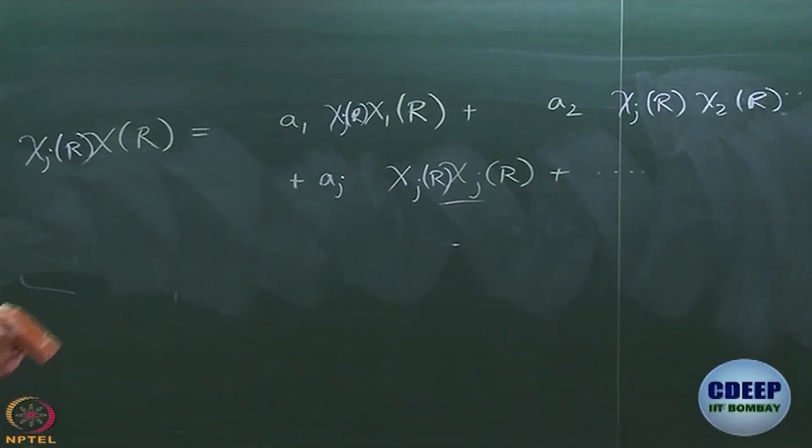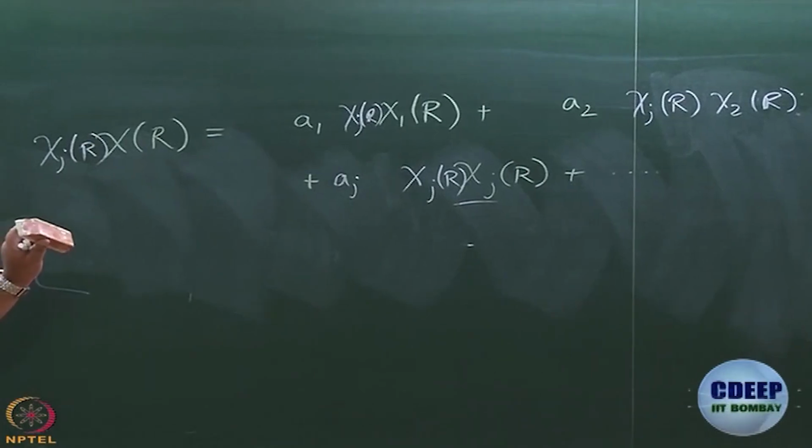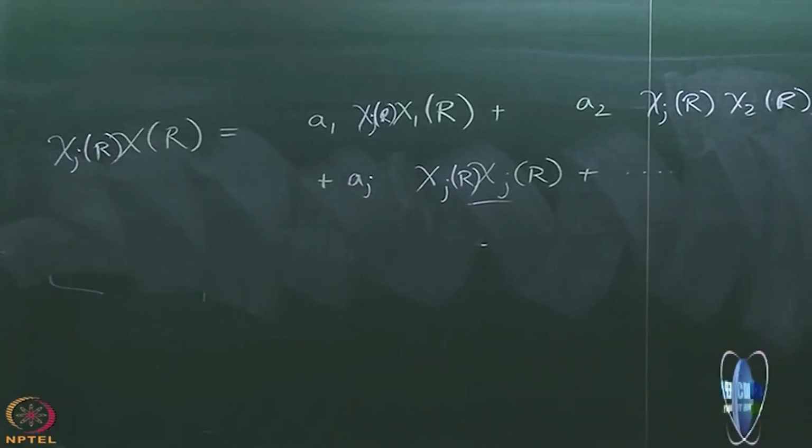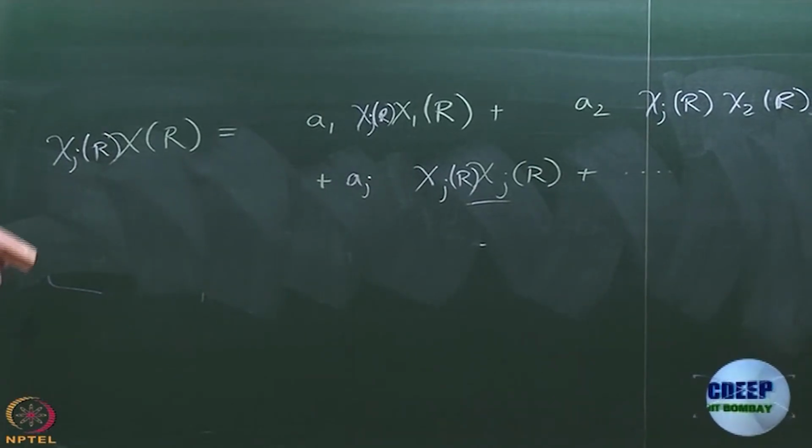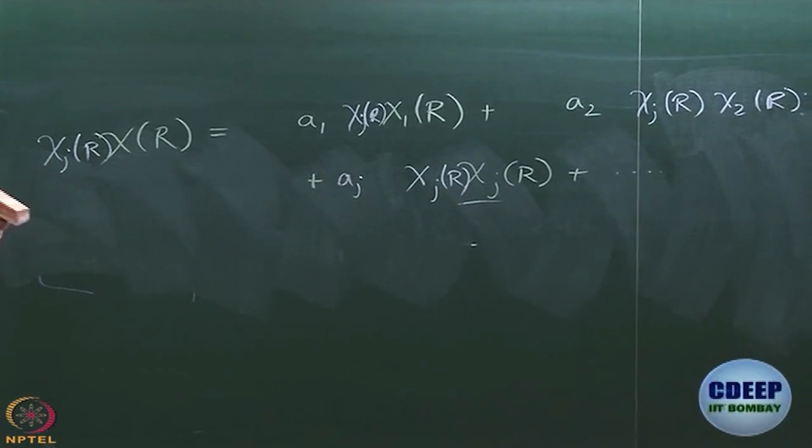Okay, I have just left multiplied, done nothing else. Now I will complete the trick. What should I do? Sum over all R, right?